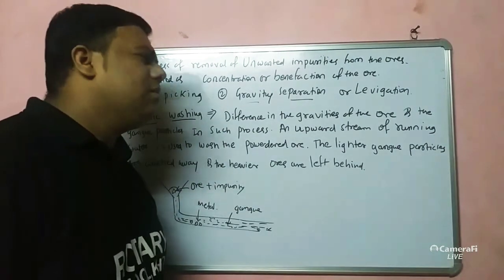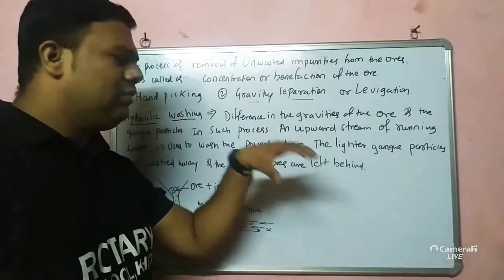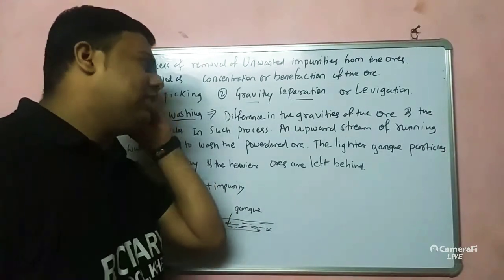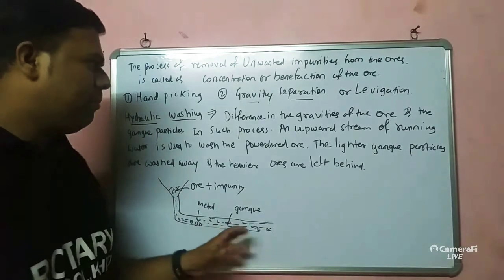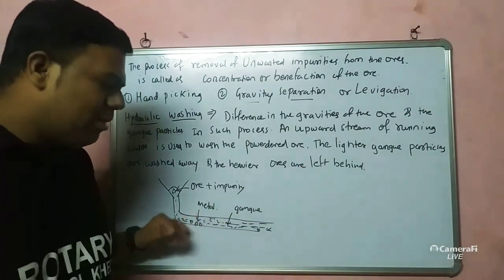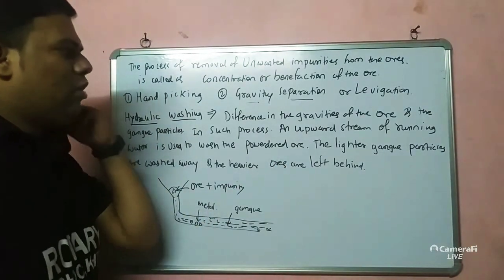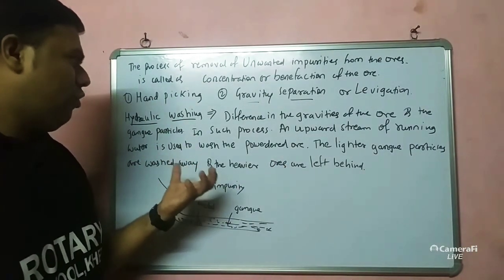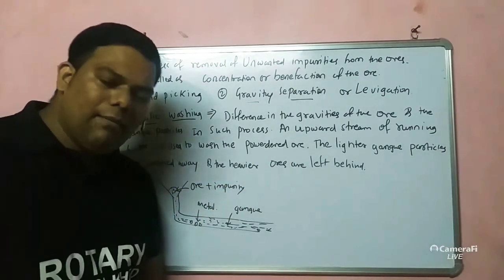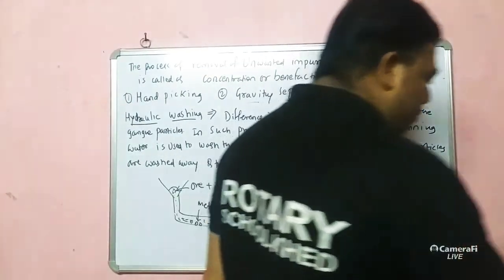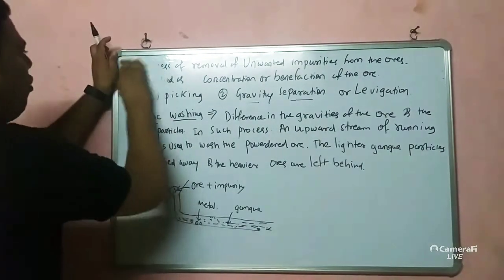It depends on the difference in the gravities of the ore, therefore it is a gravity separation method. With the help of running water, the gangue particles, which are lighter, get washed away with the flow of water, and the metal is heavy. So the heavier ores are left behind. I hope you understood this regarding hand picking and hydraulic washing.